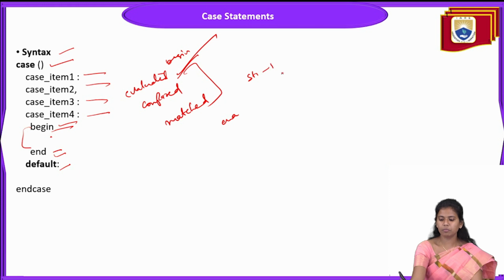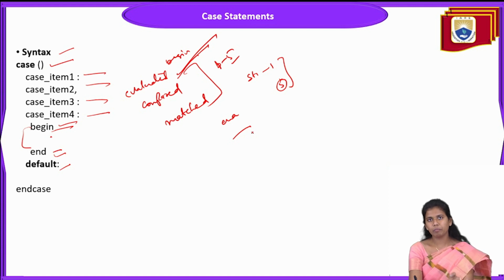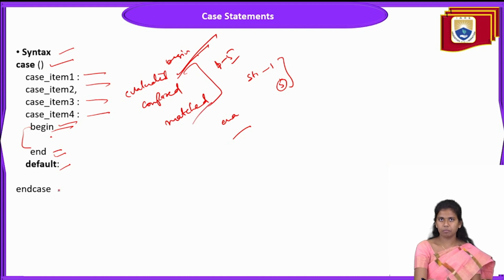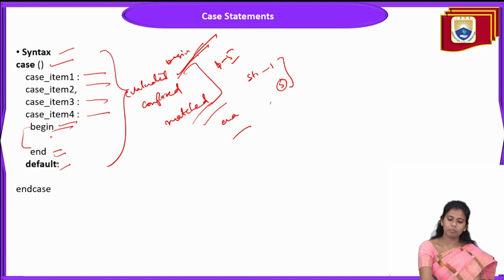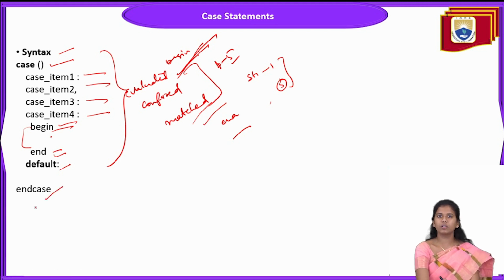Not only the particular statements, 1 to 5, if you have 1 to 5 statements between begin and end, not only will the case statement evaluate, compare and match these 5 statements, but by default it will also evaluate, compare and match the other statements. All this will happen only in between the begin and end keywords, and finally I am ending up with the endcase.